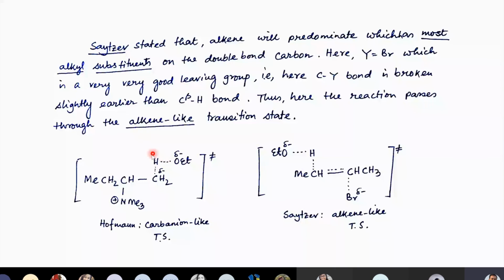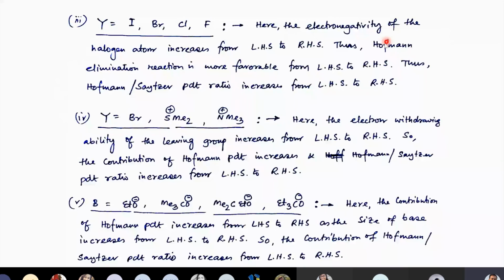With increasing acidity of this proton, your Hofmann product will increase. That is what happens here. So from left hand side to right hand side, the electronegativity of the halogen atom increases. Therefore, your Hofmann elimination reaction will be more favorable from left hand side to right hand side. Thus, the Hofmann by Saytzeff product ratio increases from left hand side to right hand side.